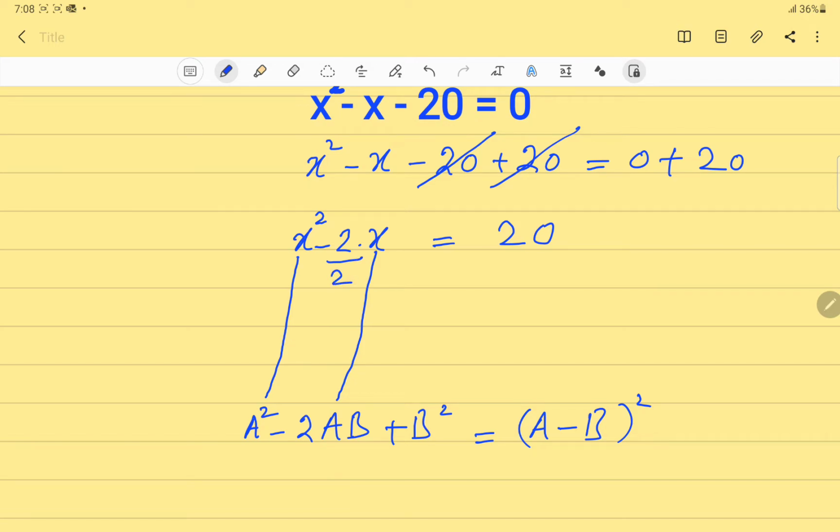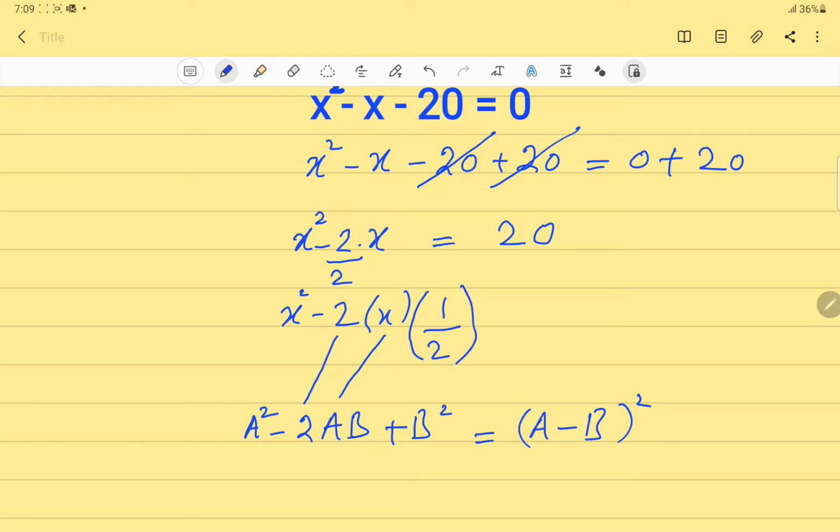So now we can write this equation as x squared minus 2 times x times, in place of b, the remaining part of the term, which is 1 over 2.